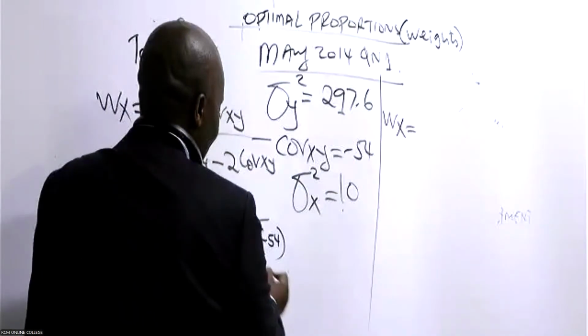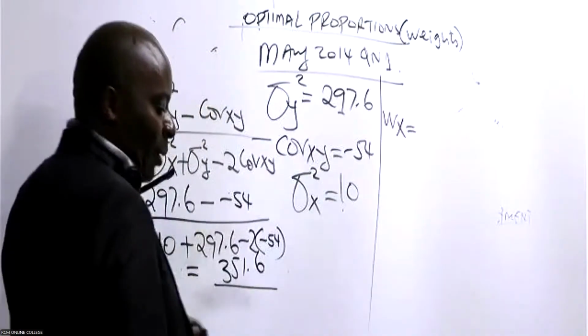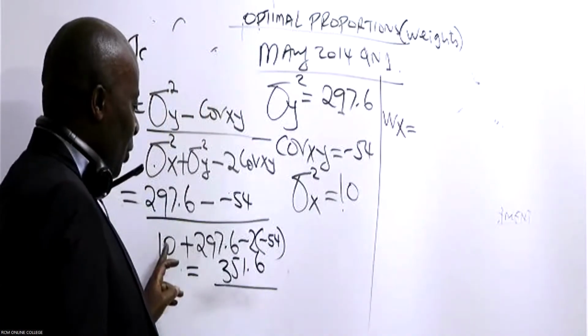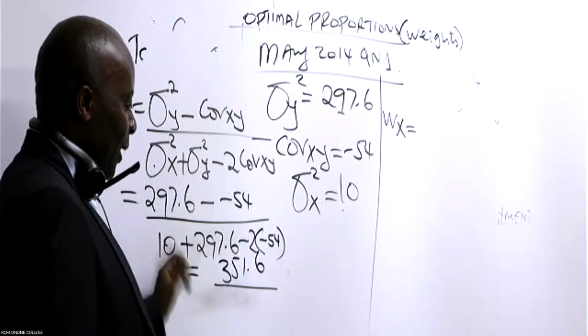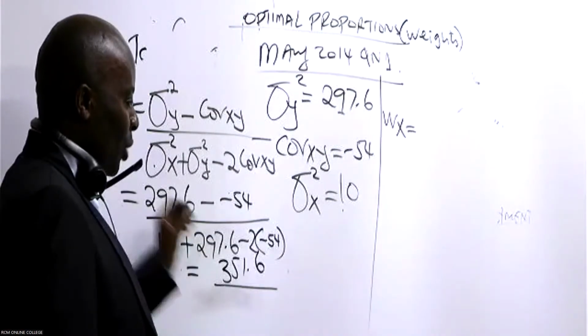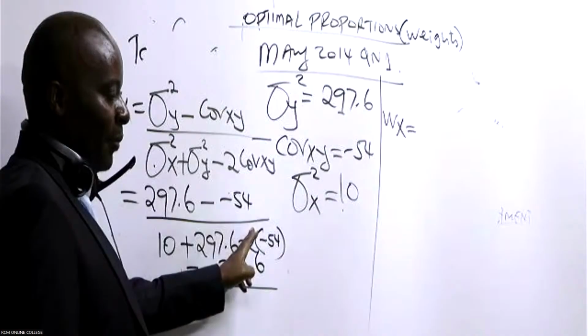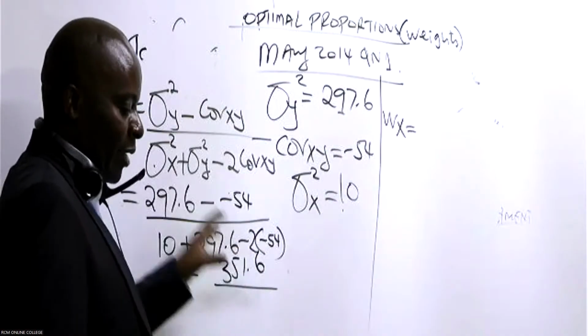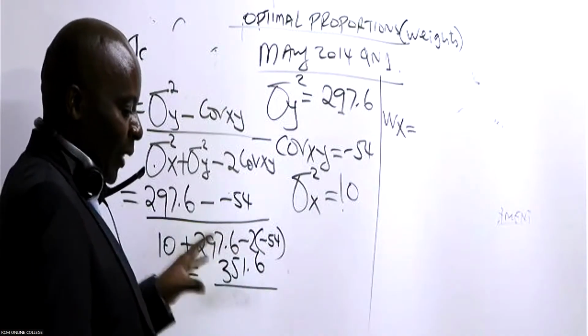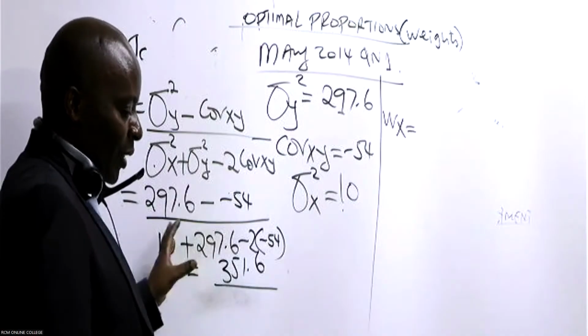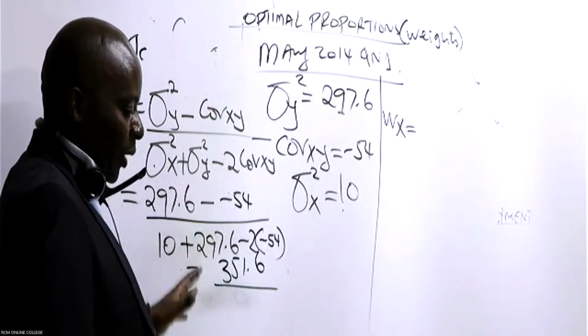351.6 divided by, how about the denominator? Denominator, it will be 10 plus 297.6 minus 2 times, because brackets means times, open brackets, minus 54. So you give me the denominator slowly.